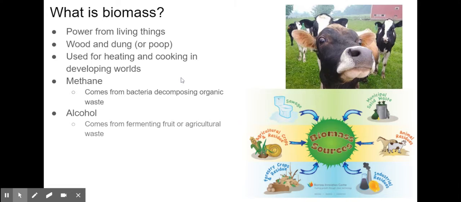Alcohol is a biomass that comes from fermenting fruit or agricultural waste. Ethanol or gasohol is a type of that. Vehicles can run on that.